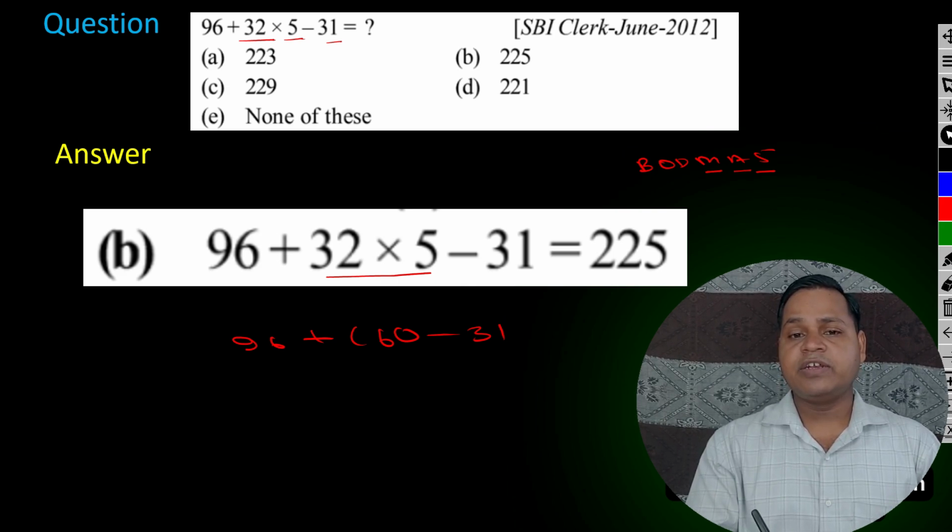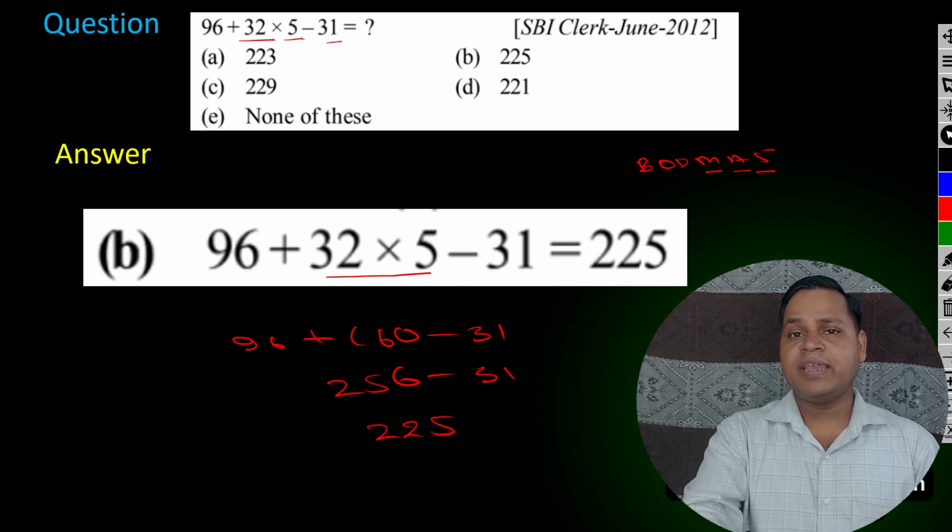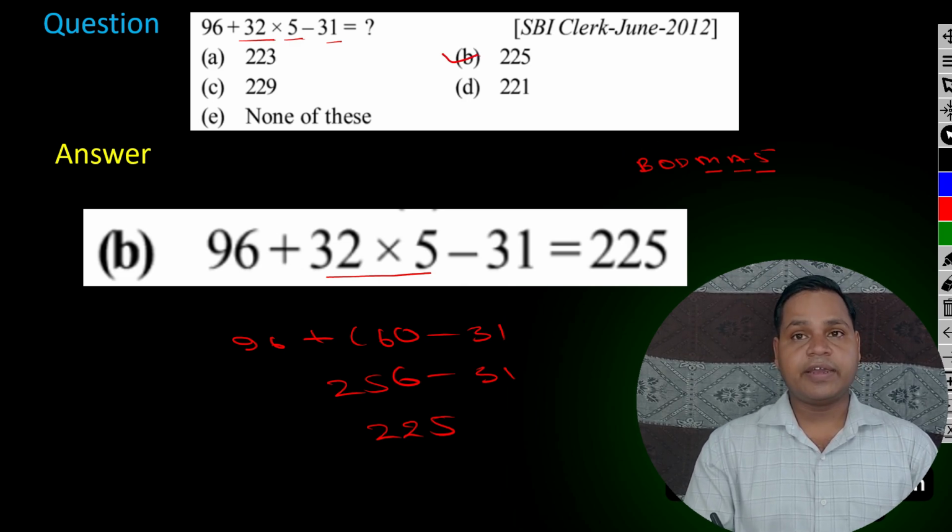So we add 96 plus 160, and we get 256. Then 256 minus 31. Now we solve this last operation, because only the subtraction remains. 6 minus 1 is equal to 5, and 5 minus 3 is equal to 2, so we get 225. That means my second option is the correct one.